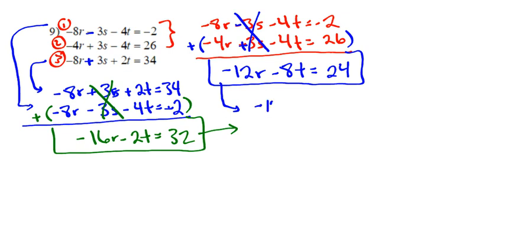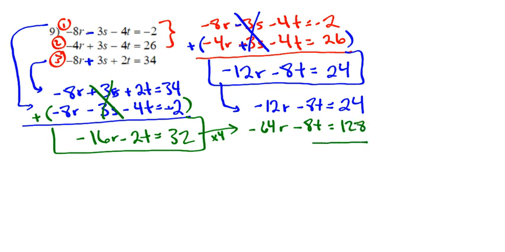We will keep this top equation the same, and I'm going to try to eliminate t. Okay? So if I want to eliminate t, this 2 needs to be an 8. And the way I do that is by multiplying by 4. That gives me negative 64r minus 8t equals 128. And these have the same sign, negative 8t and negative 8t, so I'm going to subtract.